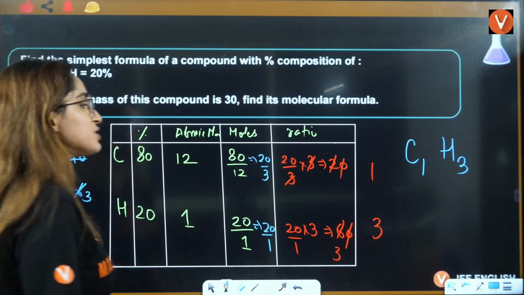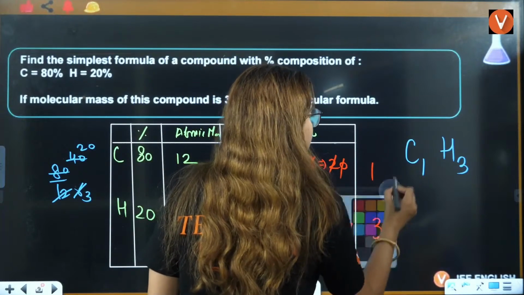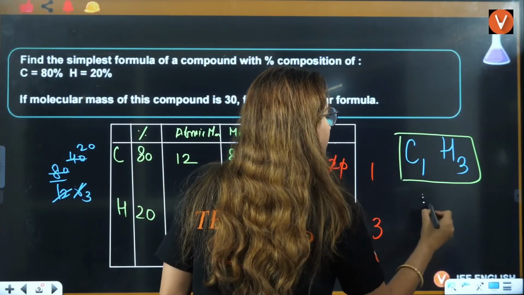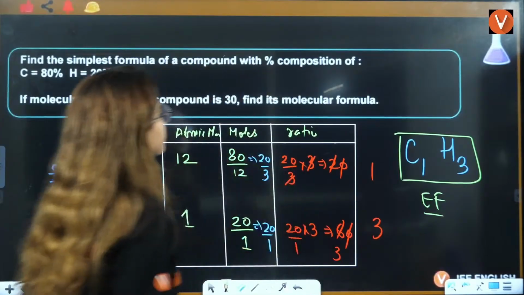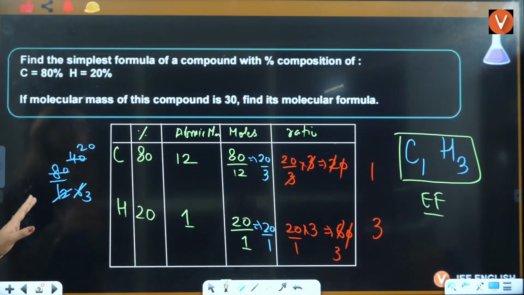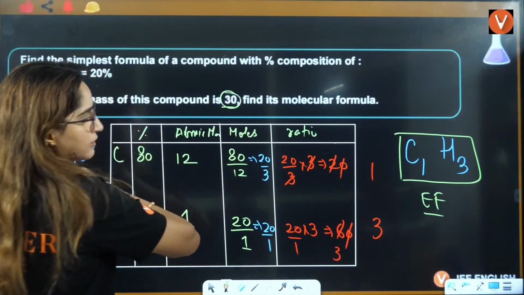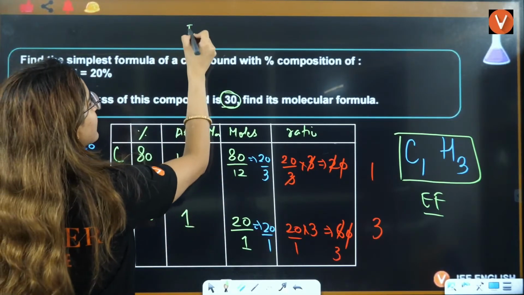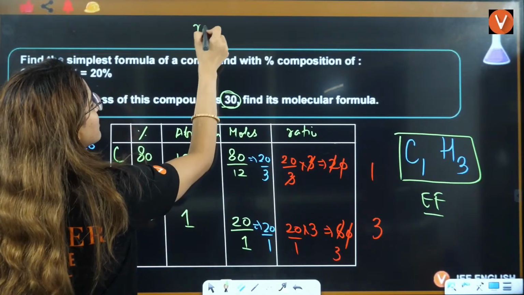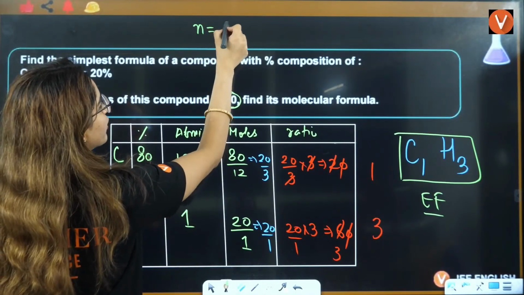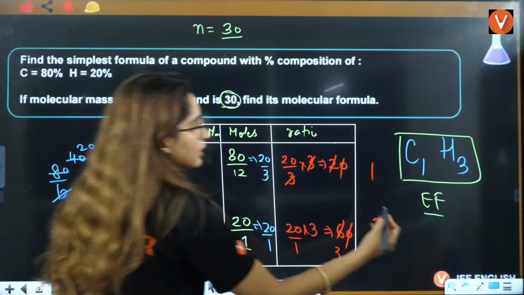Okay, once you have this question, then can you say this is nothing but the empirical formula? Now they are saying that the molecular mass is given to be 30, right? So N is equal to molecular mass 30 divided by empirical mass.